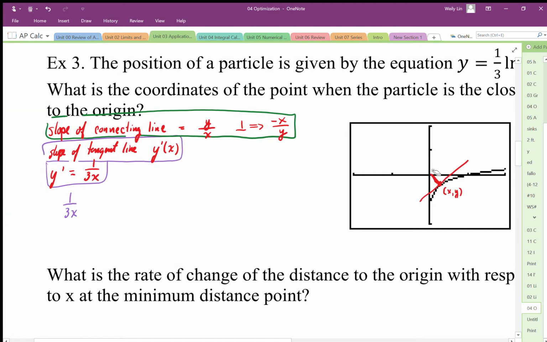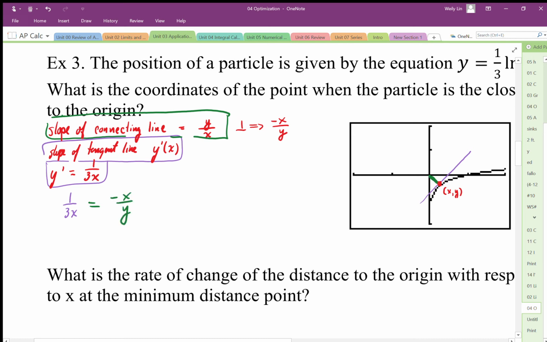So the green line is going to be this one, and the purple line will be our tangent line. Since I've done the negative reciprocal here, maybe I'll just fix that. So the negative reciprocal is equal to that tangent line slope.